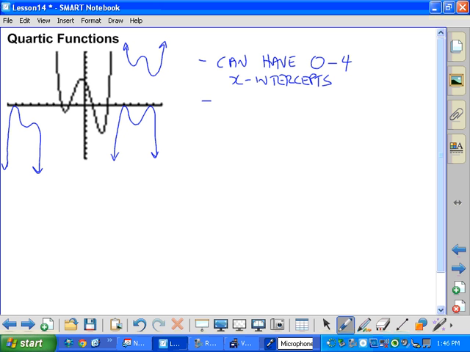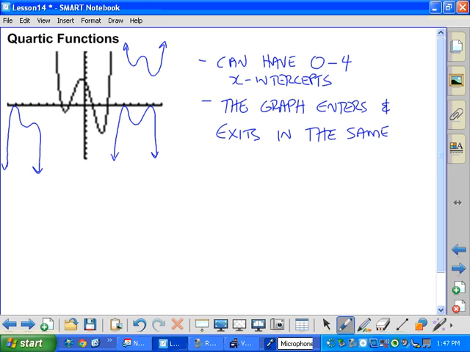Now, can we tell why that is? Because the graph enters and exits in the same direction.